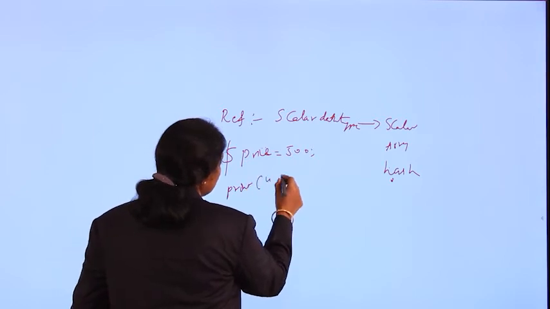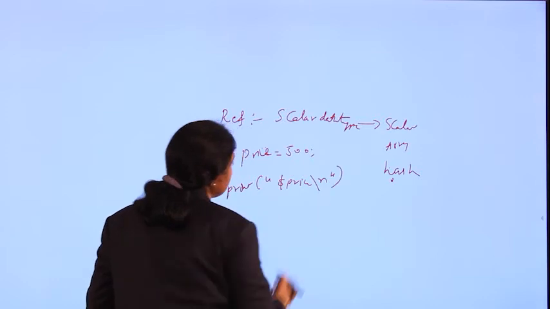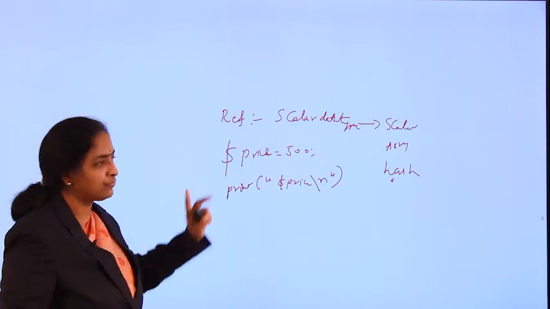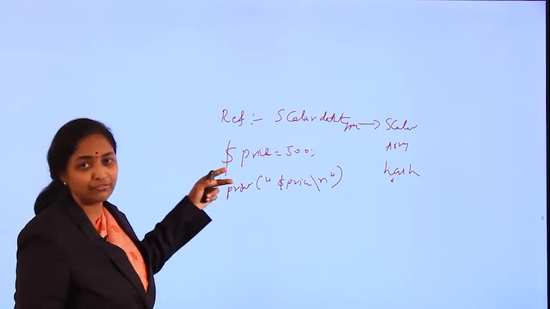If you print the price, simply you are going to get the answer 100. So you are printing the variable.